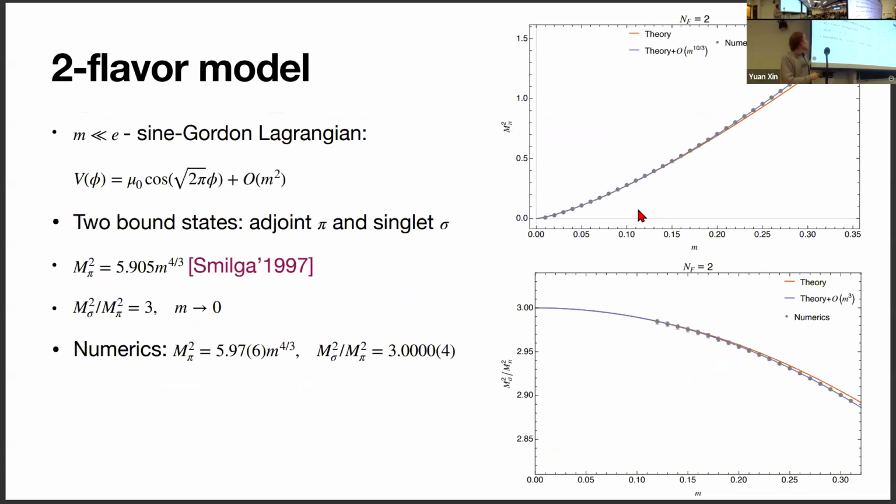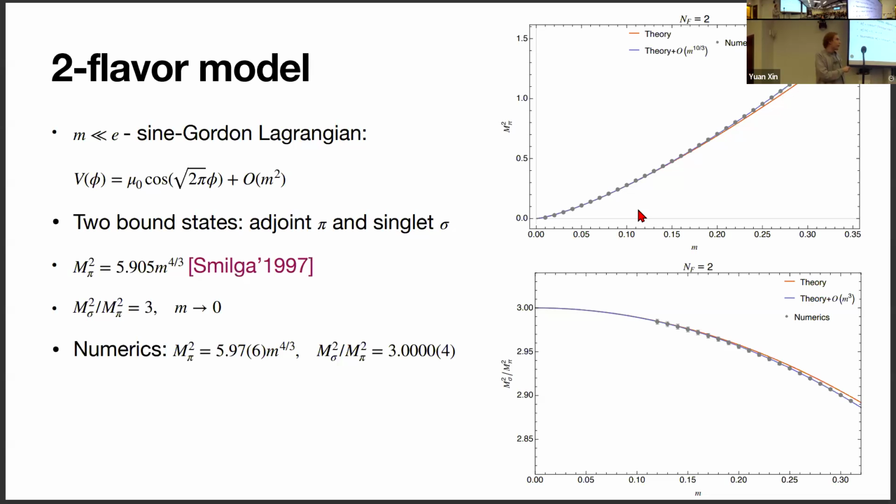First, for the two-flavor model, we know that in the strong coupling regime, and I didn't mention that, but I set the coupling to square root of pi, so the mass is in units of the coupling times square root of pi. This theory has an effective description in terms of a sine-Gordon Lagrangian, and because of that, we know that there are two bound states, the adjoint pi and the singlet sigma.